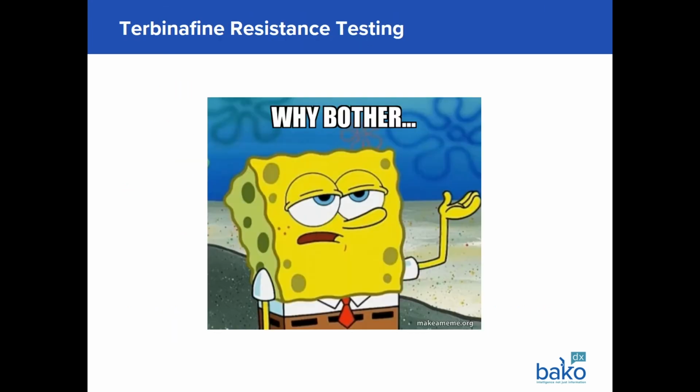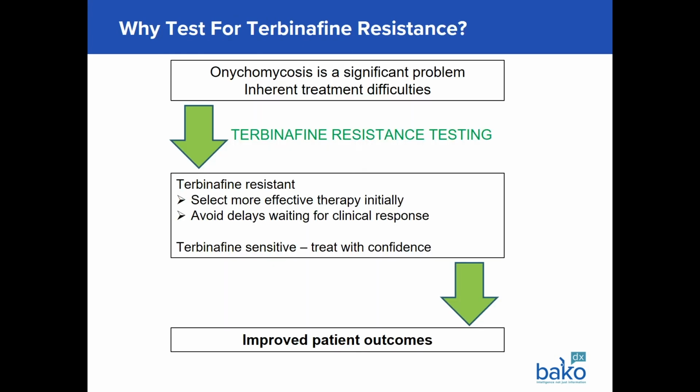So we know now that terbinafine resistance exists and appears to be growing, but do we need to be testing our patients for it? Well, we already know that we have a common problem, a difficult problem to treat, and now we can throw into the mix that we have increasing terbinafine resistance. So what can the testing get us? Well, we can find out up front if we have a terbinafine resistant organism, and that allows the clinician to select an agent that may be more effective initially.